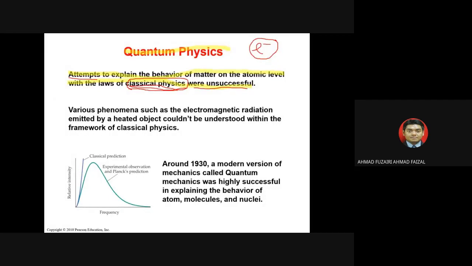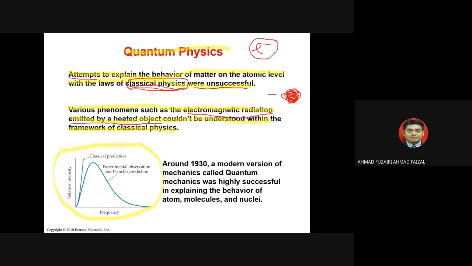Various phenomena such as the electromagnetic radiation emitted by a heated object, for example, couldn't be understood within the framework of classical physics. This graph shows the electromagnetic radiation emitted by a heated object. If you heat a ball, it will give off radiation.